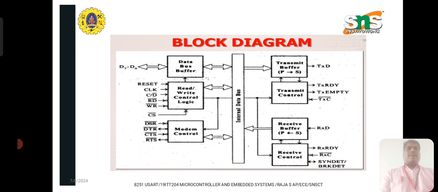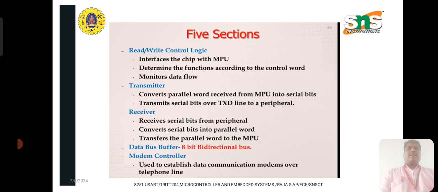Then the transmit control, where we transmit all the process information to the next output device. Then finally the receiver buffer and the receiver control. So the output side on the right-hand side consists of both the transmitter and the receiver. That is why it is called a transceiver. Transceiver means one component consists of both the transmitter and the receiver.